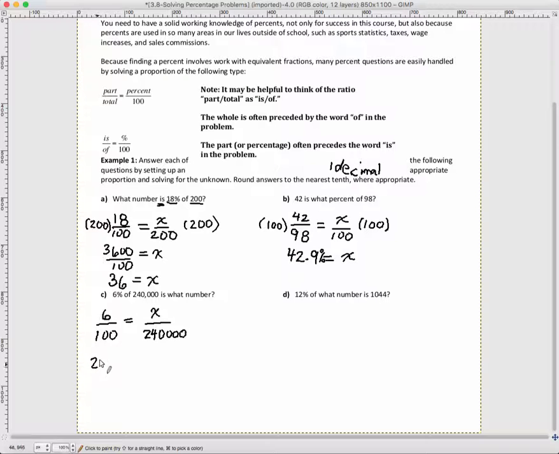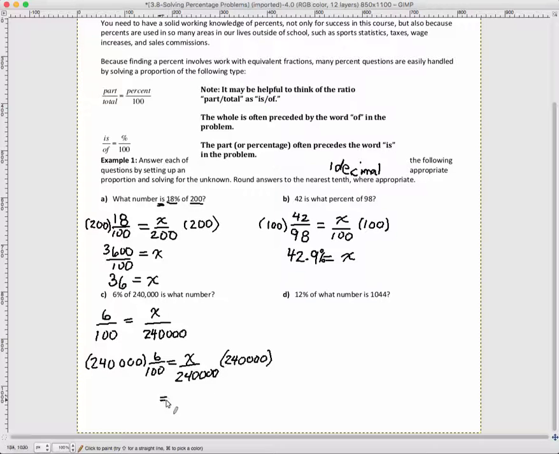So if we do that, we multiply both sides again by 240,000, and I have here 6 100ths, and then I have to complete the right hand side. I multiply by 240,000.